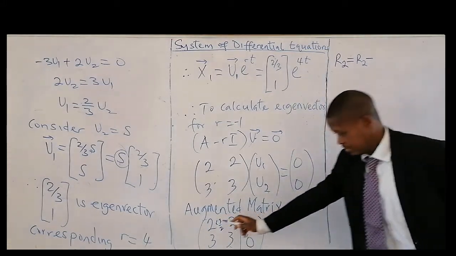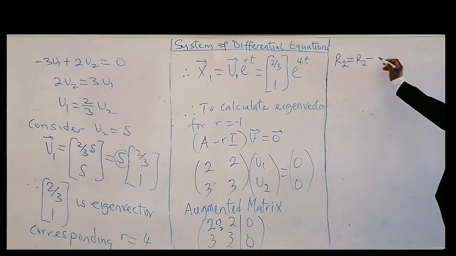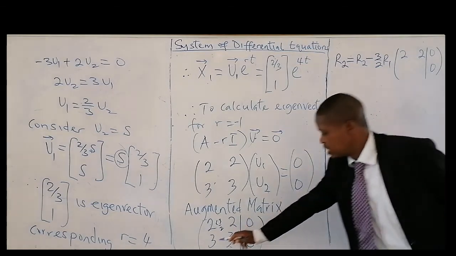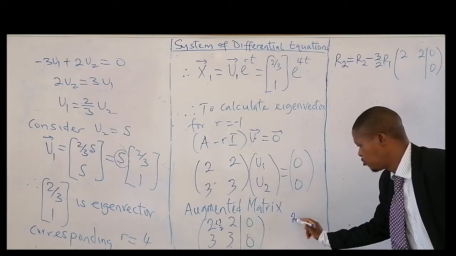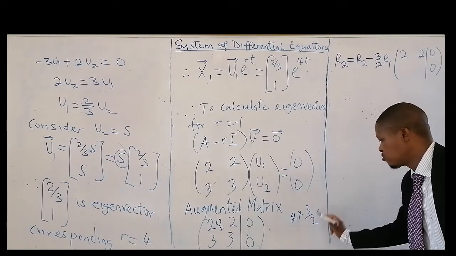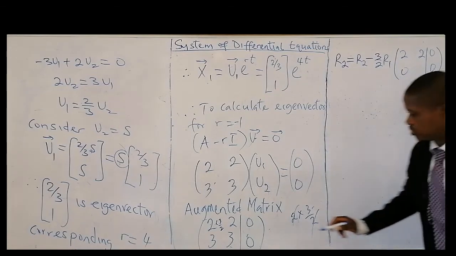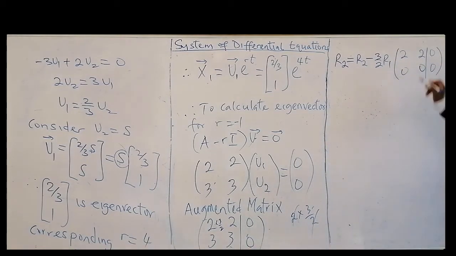So we can have 3 here. So that will be 3 over 2 times row 1. Okay? Row 1 is not changing, it's just the reference point. And that will be equal to 3 minus this. Don't forget that 2 times 3 over 2 will give you 3 also. So this will be 0. The same thing also, this also will be 0. Okay? So that's that.